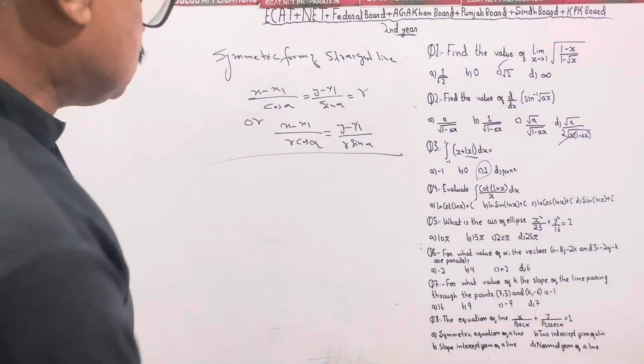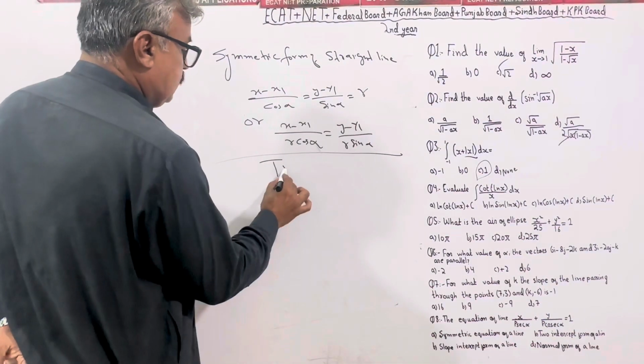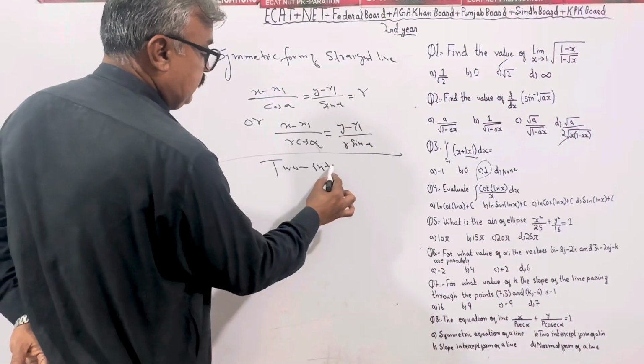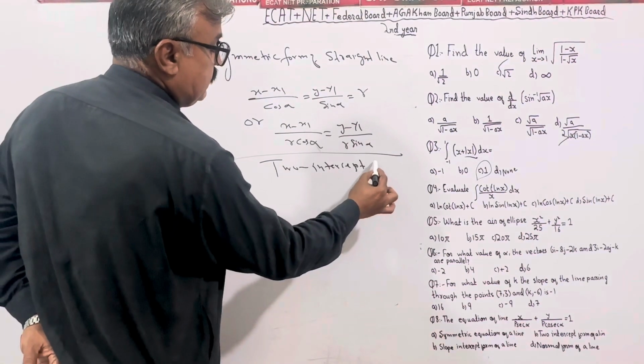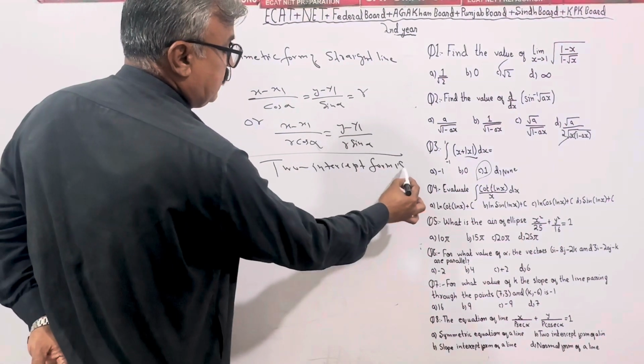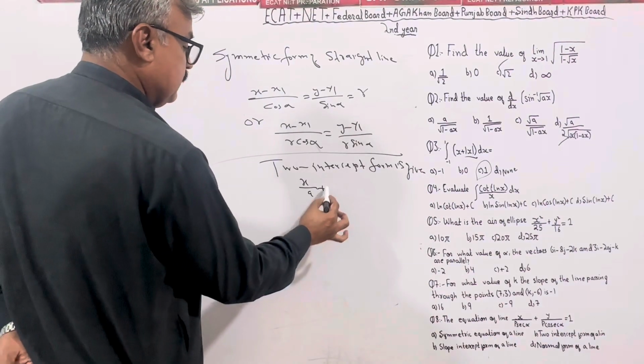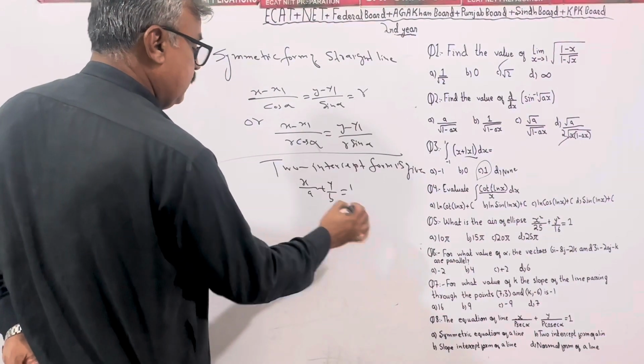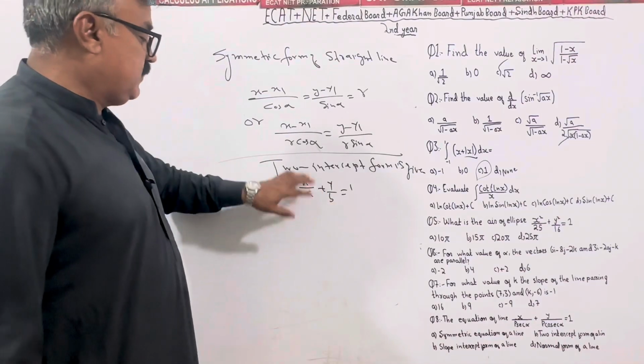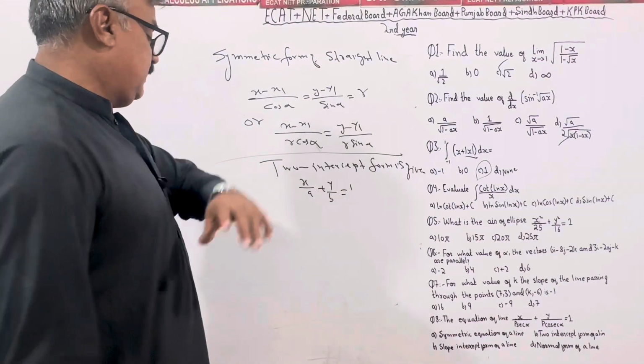The second one is two intercept form. Two intercept form is given by x over a plus y over b is equal to 1. Almost the equation of an ellipse without squares.